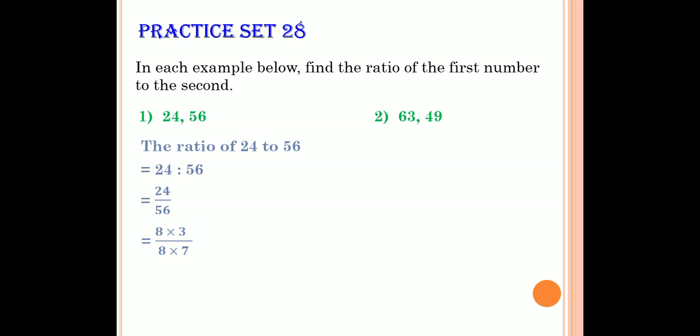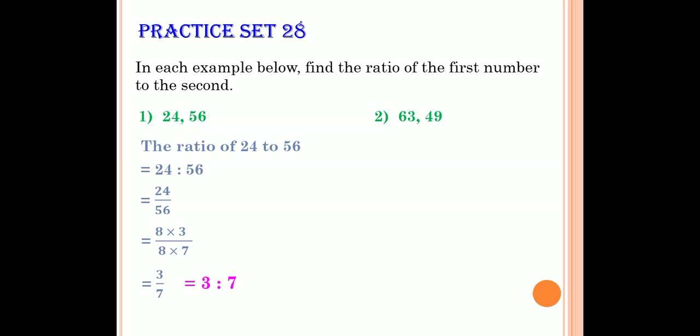Which table is common in both? It is 8. So 8 into 3 will give us 24 and 8 into 7 will give us 56. So that is how we are left with only 3 upon 7. That is equal to 3 is to 7. So now we have found out the ratio of 24 to 56, that is 3 is to 7.